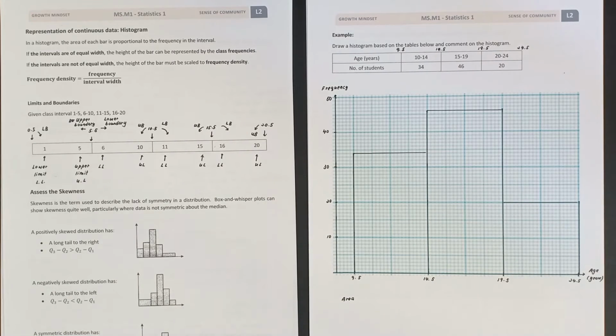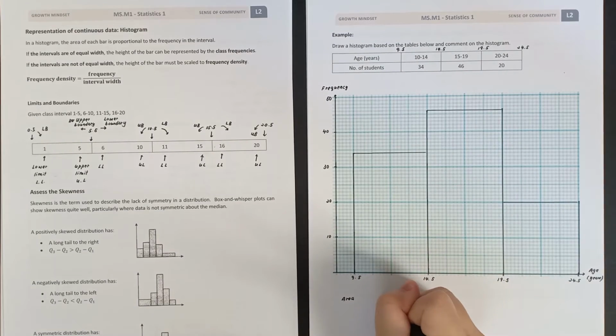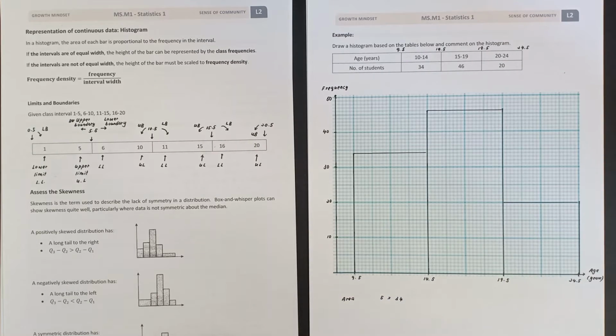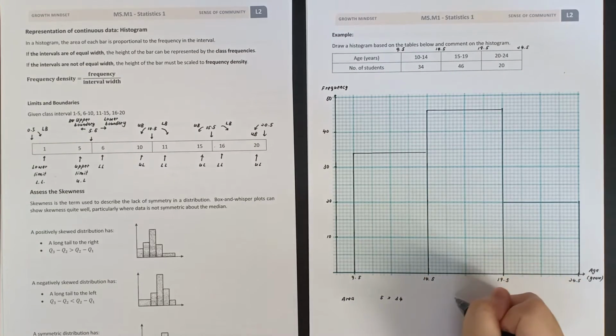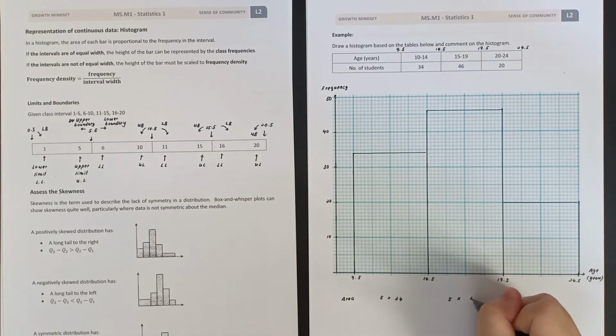For your first bar, the difference here is 9.5 to 14.5, so the difference is 5, correct? Then your frequency here is 34, so the area here is going to be 5 times 34. The same thing for this: 5 times your height here, 46.